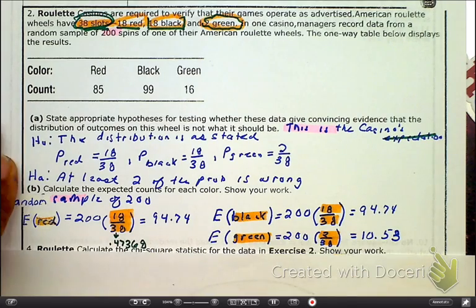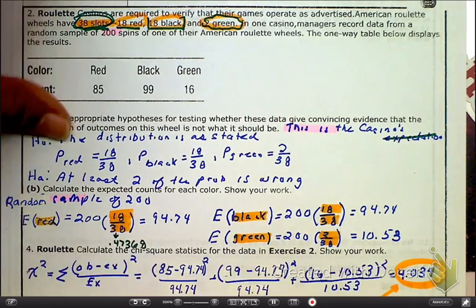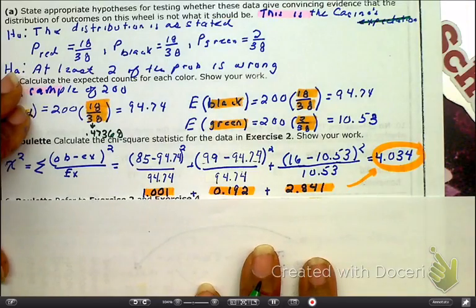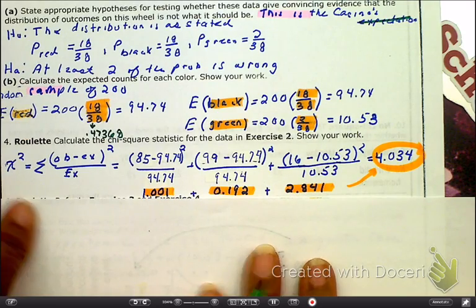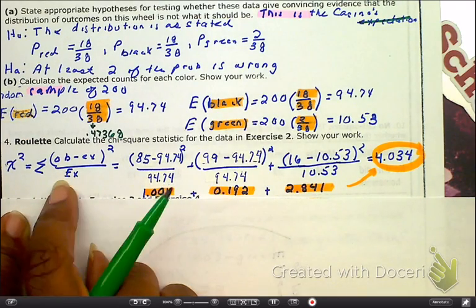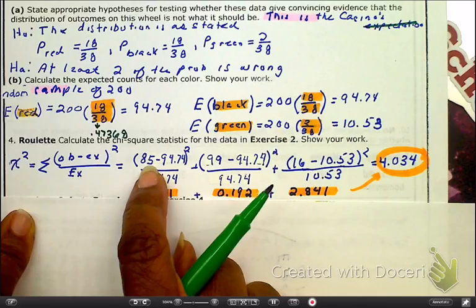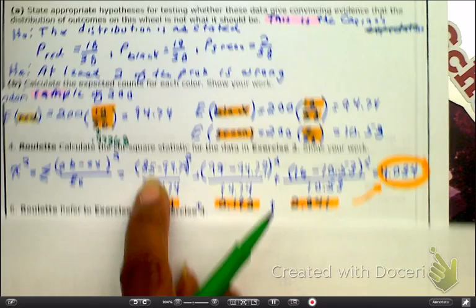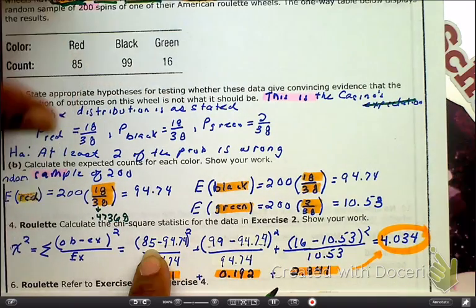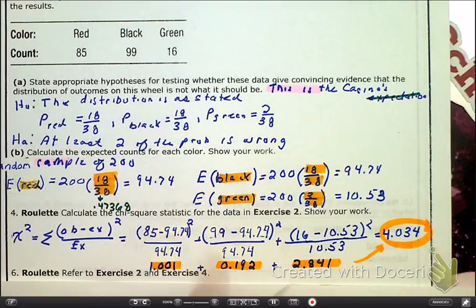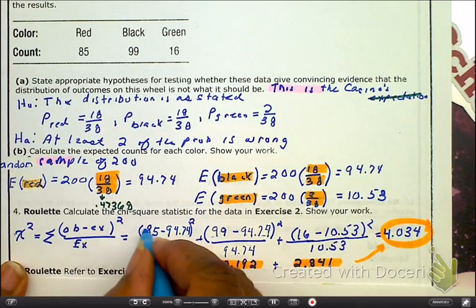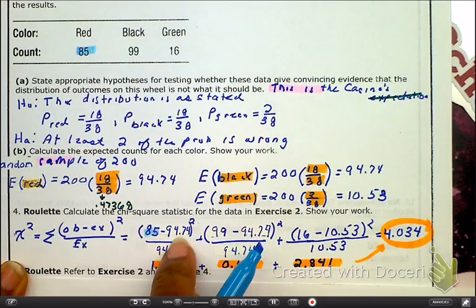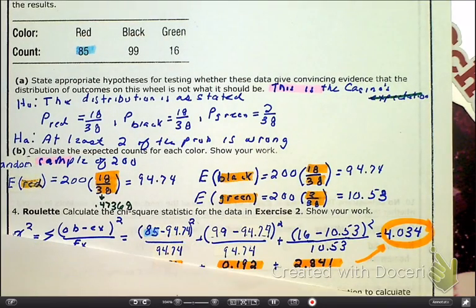Okay, so now that I have that, I want to put in the chi value. And as I put in the chi, I want to do the math. Remember, this is saying take the sum after I've done everything. So here's the observed, and there's the predicted that I have right here in the orange.